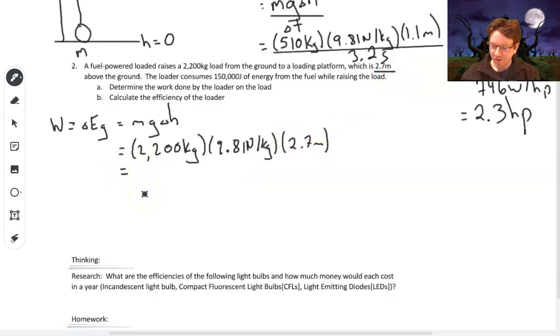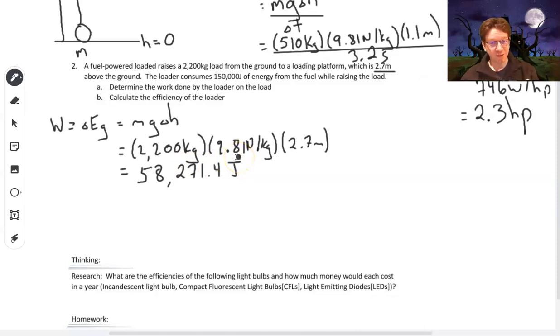Okay, so let's see what that is. We get, I'm going to keep all the numbers for now, because we're going to need this for part B, 58,271.4 joules.